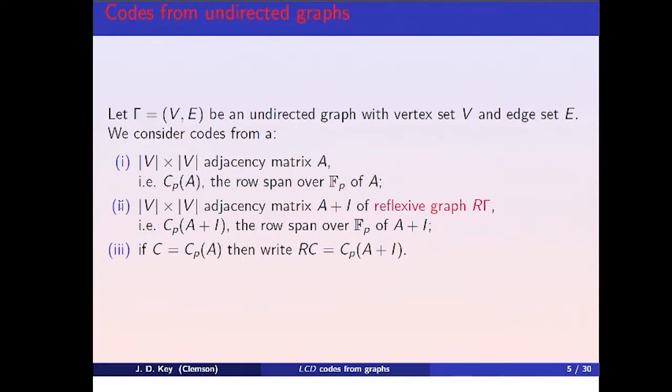And then we also look at A plus I, where I is the identity matrix, so you basically have ones down the diagonal of A. As a graph, that's called the reflexive graph, and we look at the row span of that. This is just notation: if I call C the code from A, then RC, reflexive C, is written like that.